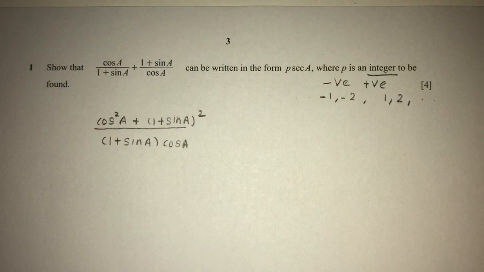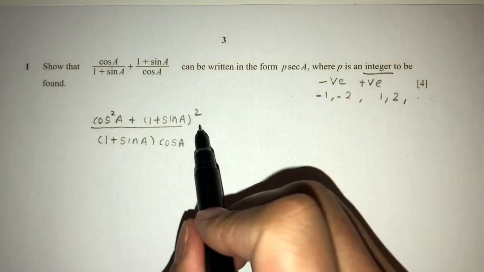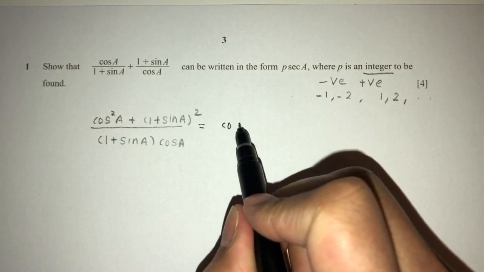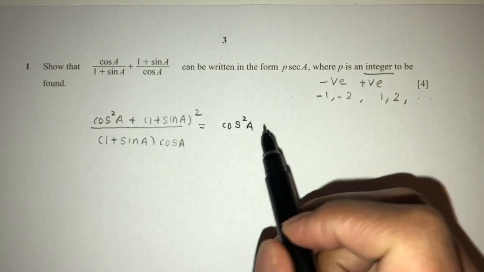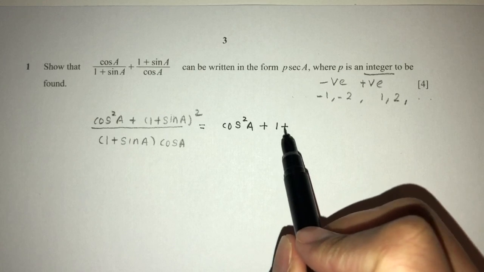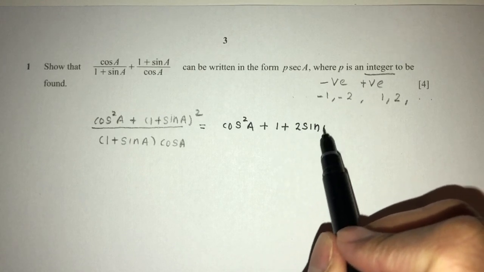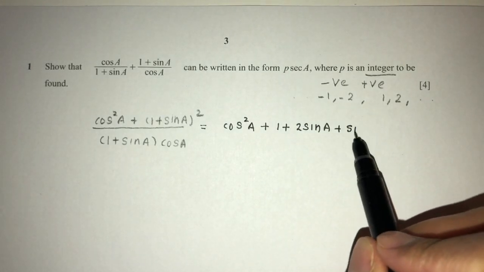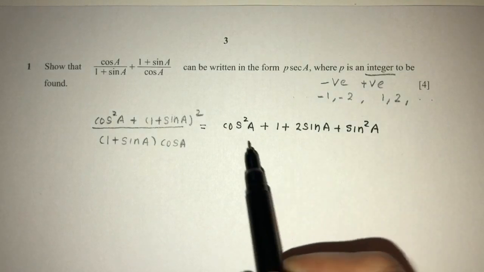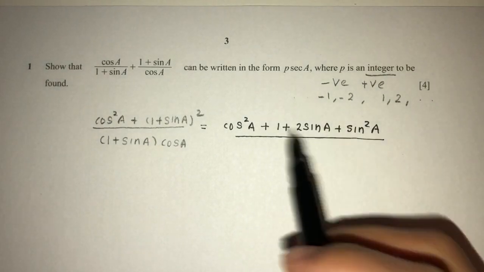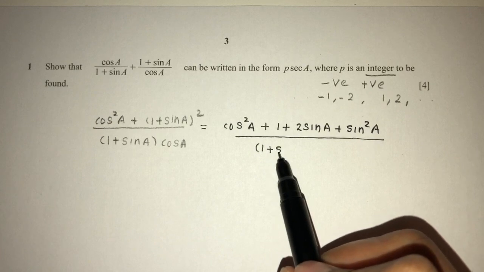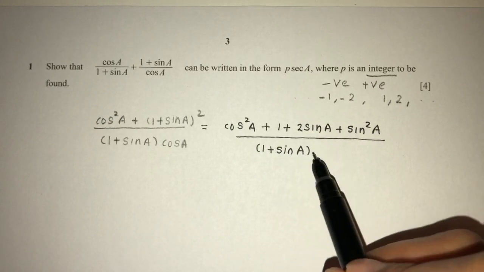Now, what else do we have? We have to simplify one by one. So you'll have cos square A plus 1 plus 2 sine A plus sine square A. Now divide by the same base, so let's leave it the way it is for now. Okay.